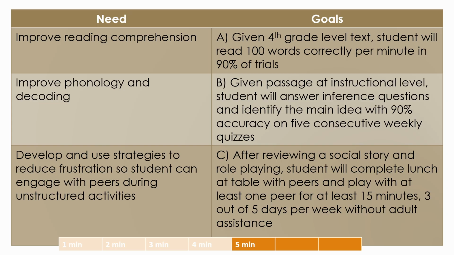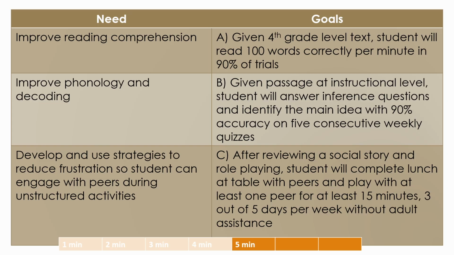I'm looking at option B. Given a passage at an instructional level, the student will answer inference questions and identify the main idea with 90% accuracy on 5 consecutive weekly quizzes. So improving reading comprehension matches that IEP goal because answering inferential questions is a way to show comprehension.